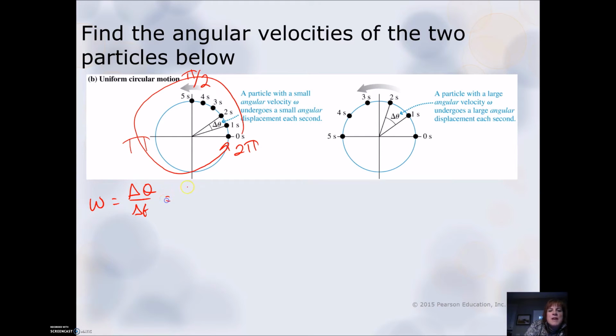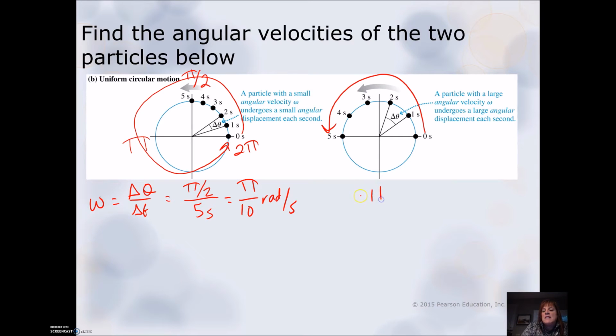So in this case, my angular velocity is pi over 2 divided by the time, which is 5 seconds, which of course is then pi over 10 radians per second. And in my second scenario here, I've traveled half a revolution in 5 seconds. So my angular velocity is going to be pi over 5, and the units are radians per second. Not so bad, right?